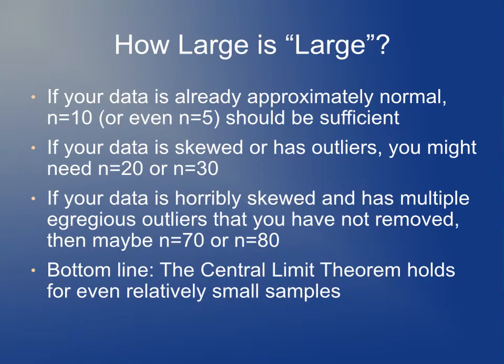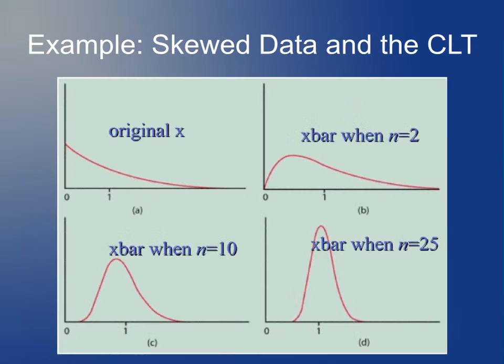If your data is incredibly skewed, has tons of outliers that haven't been removed, and basically you have the worst data ever, then maybe you need like 70 or 80. The bottom line is that you don't need large samples for the central limit theorem to work. You'll get good results for even relatively small samples.